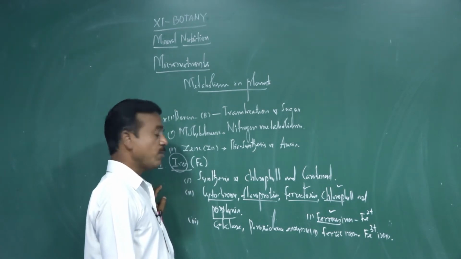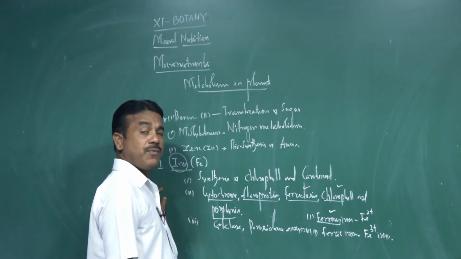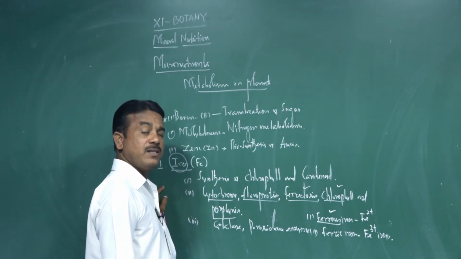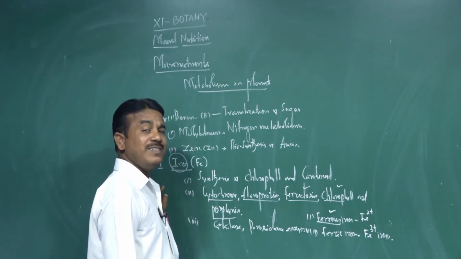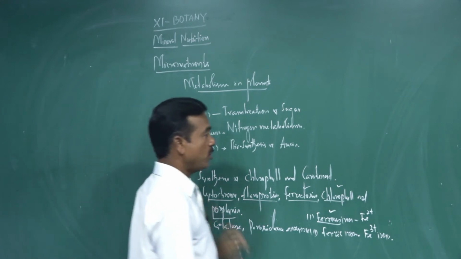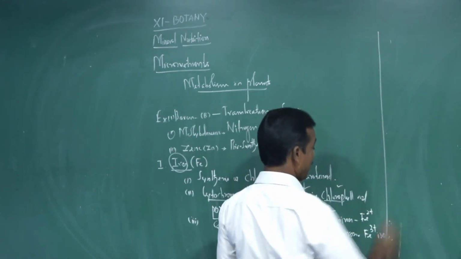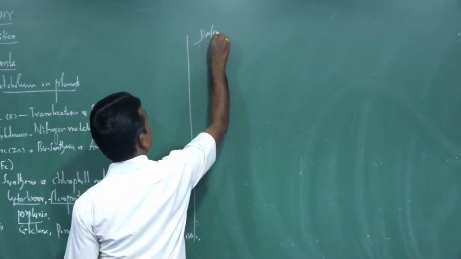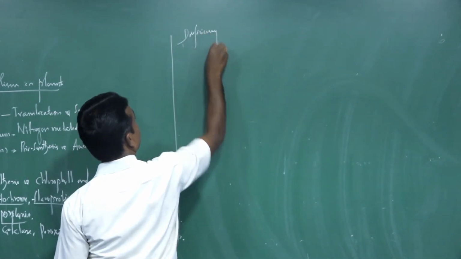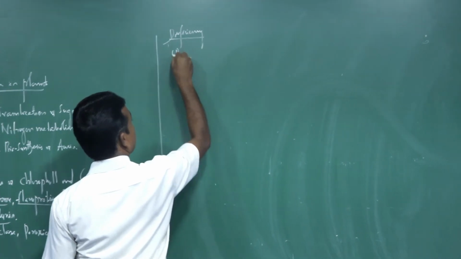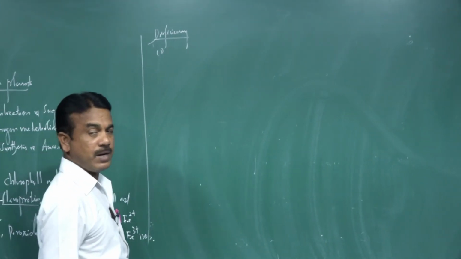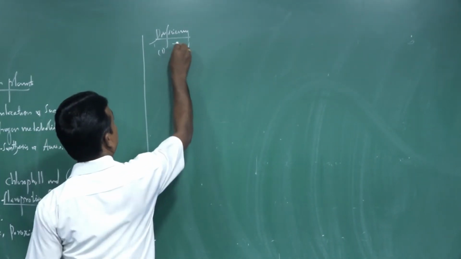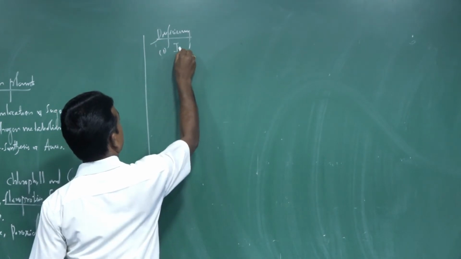Now I am going to discuss what type of deficiency disease is possible if iron is not available. That we call deficiency. What is the first deficiency? Deficiency of iron is commonly called intervenal chlorosis.